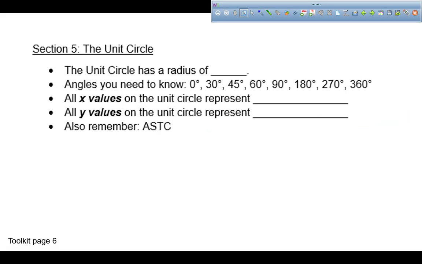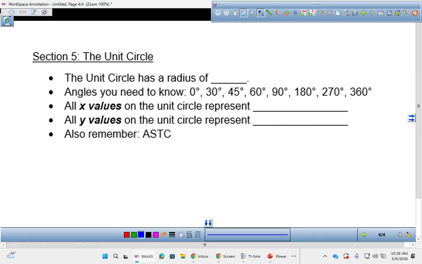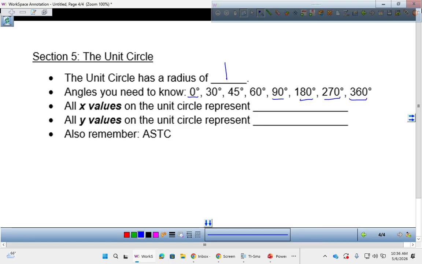So now we're gonna actually work on the unit circle. So the unit circle is a circle that has a radius of 1. That's why it's called unit, so it's 1 unit. The angles that you're gonna need to know on the unit circle, you already know some of them. You know where 0 degrees is, you know where 90 degrees is, you know where 180 degrees is, you know where 270 degrees is, and you know where 360 is. They're on the edges, right?